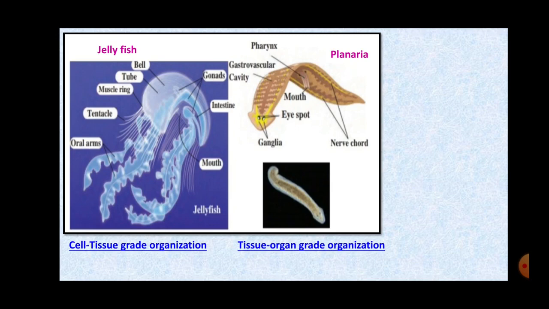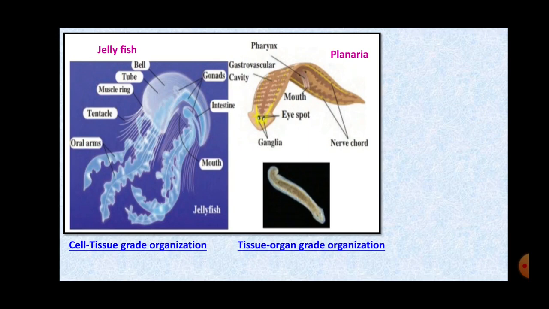Now if you go back to the phyla of non-chordates, first you had Protozoa, then you have Porifera, then you have Cnidaria, right? So when you are studying the body organization or the grades of organization, you will recall that at the very first you had animals from the Protozoa.